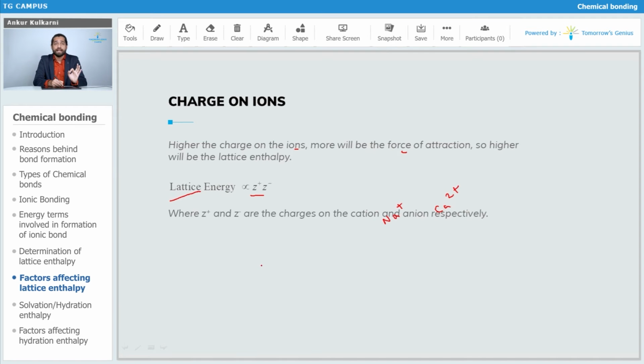That is your Z+, which is denoted as positive charge, and your Z-, which is denoted as negative charge. So if the charges are high, your lattice enthalpy will be high, and your charges are Z+ and Z-, which are your cation and anion respectively.